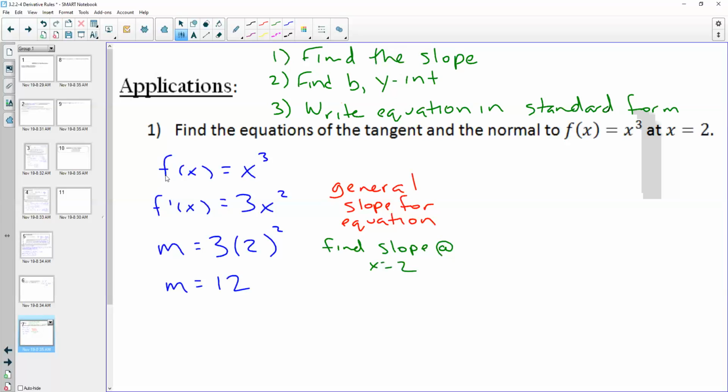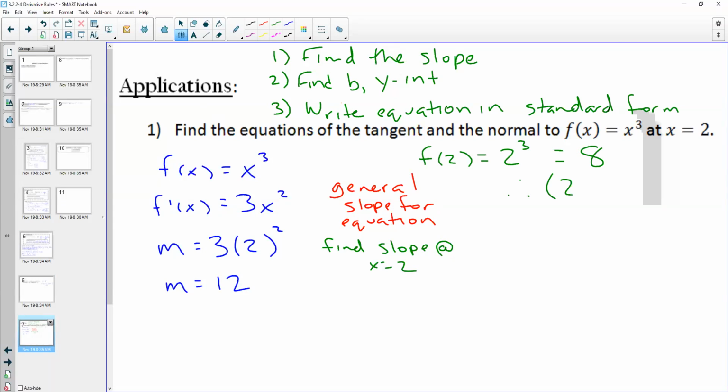Okay, so we have found the slope. Now we need to find b. So we need a point. So let's substitute in x is equal to 2 for x cubed. So f of 2 is equal to 2 cubed, which is equal to 8.